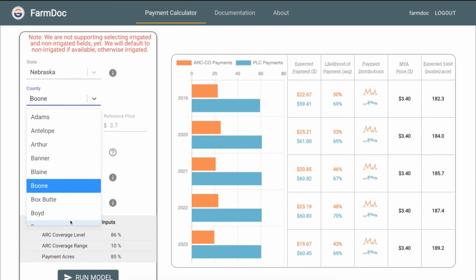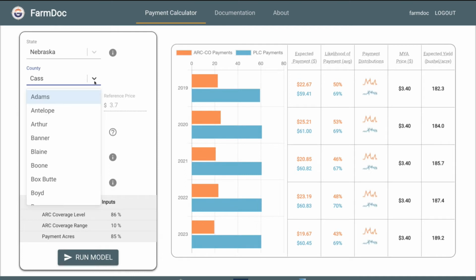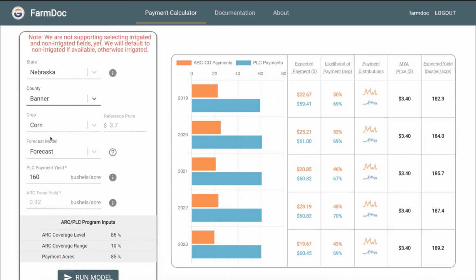If you're at an 85% RP coverage level, the SCO option would increase your coverage level from 85 to 86%. And remember that 1% is based on a county revenue, not a farm revenue. So that has much more limited value to you than if you're taking 80%. So having the SCO option available shades more things towards PLC.